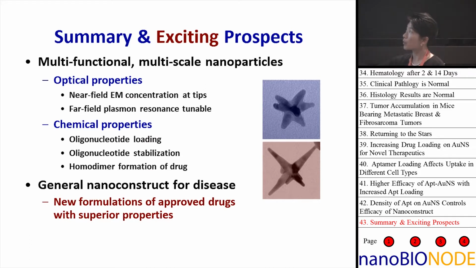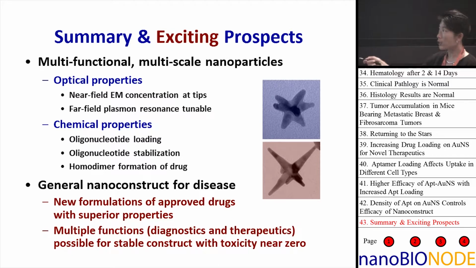In terms of chemical properties, we wanted to find a way to do general oligonucleotide loading and also stabilization. If you have free oligonucleotides, they will be degraded by nucleases very rapidly. And then we found that we could also form heterodimers of drugs. So I've tried to introduce this general construct for a wide range of cancer types.